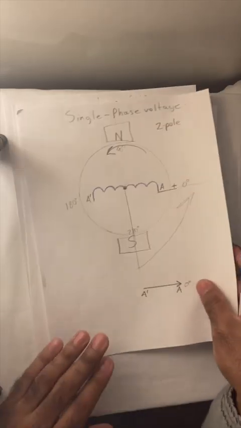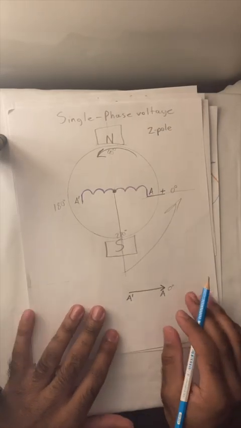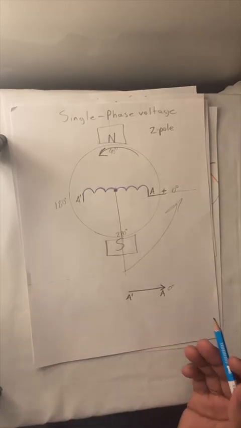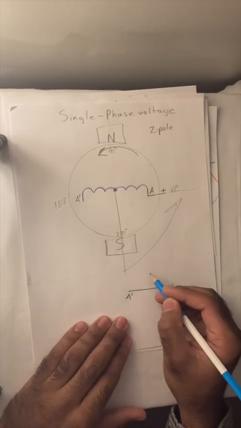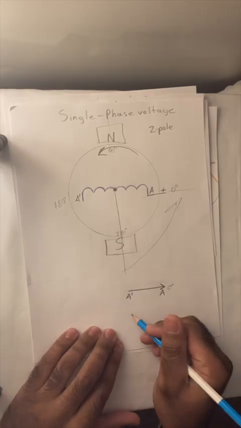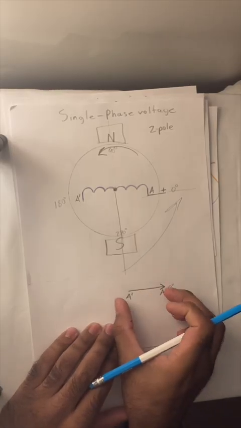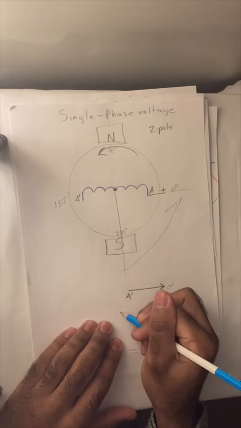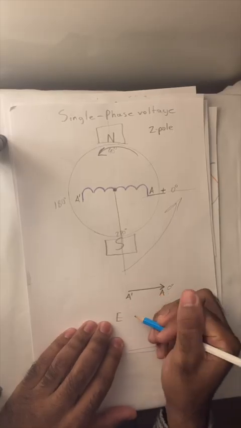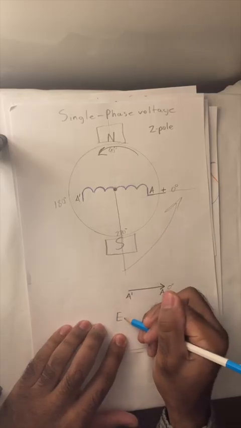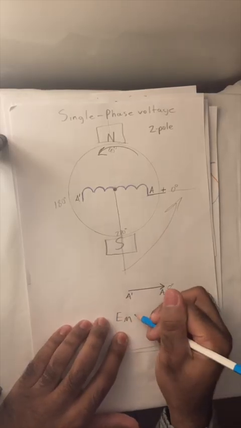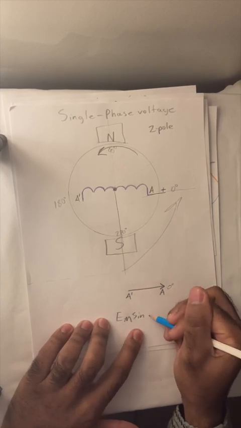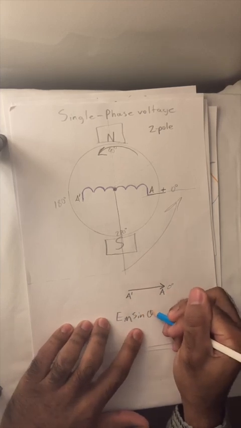In the single phase system we have 0 degrees, as we mentioned. The equivalent for the sine wave would be E M, say E maximum, is sine theta.